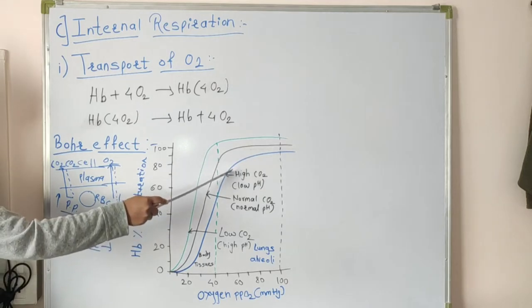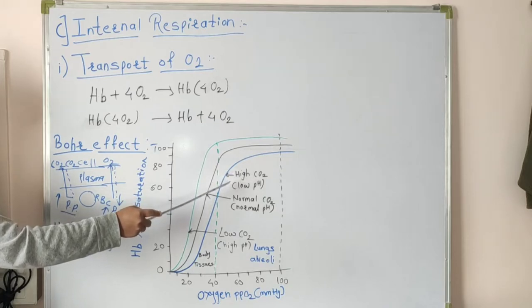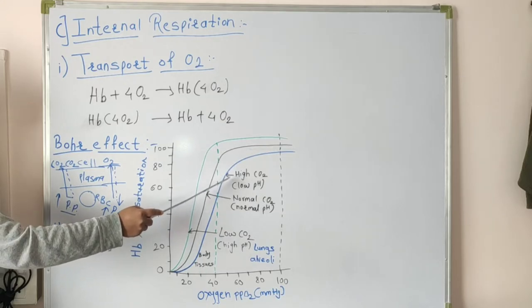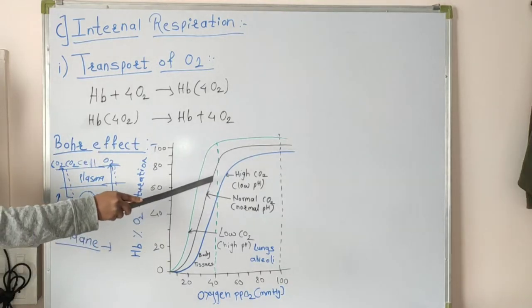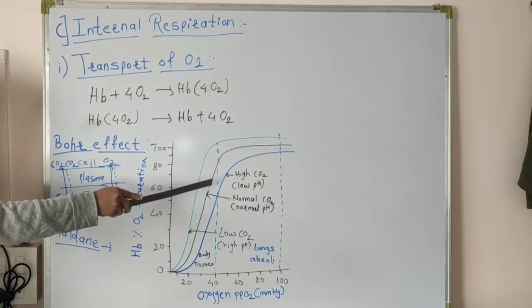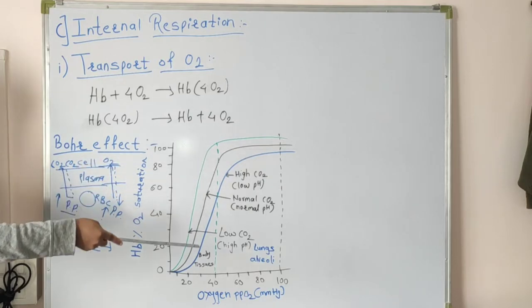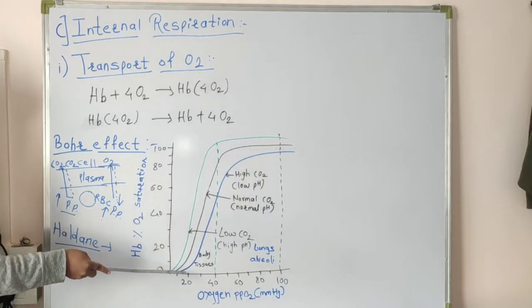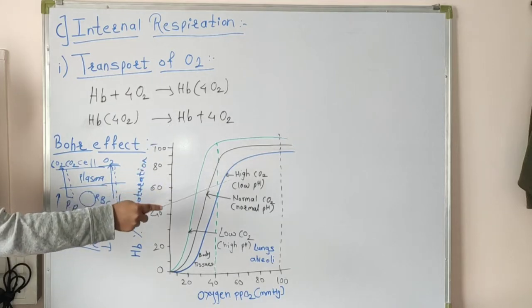And in the third, there is a high partial pressure of carbon dioxide but the pH of the blood is low. Therefore, the conclusion here is, because the partial pressure of CO2 changes, that means it increases or decreases, on the basis of this the oxyhemoglobin curve gets shifted towards the right.